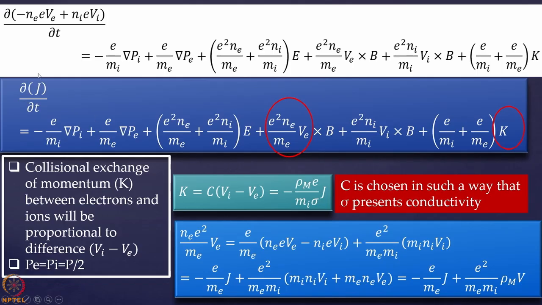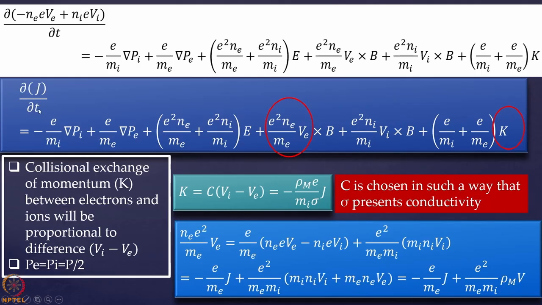So you just come over here. You see that this equation has del J by del T, and then all these terms are there. You know that in a partial differential equation, the dimensions of all the terms must be the same. So whatever the dimension of del J by del T, it should be the same as the dimension of e by m_e into K. So we take that into consideration.